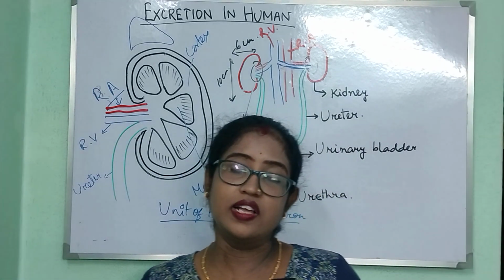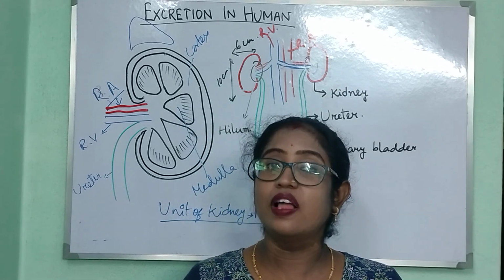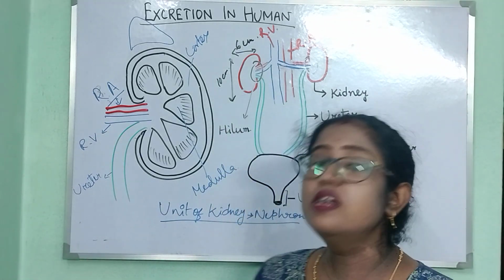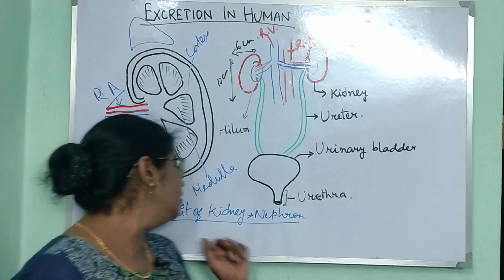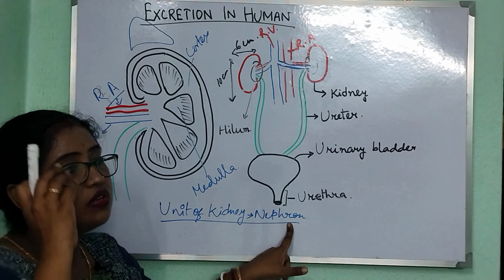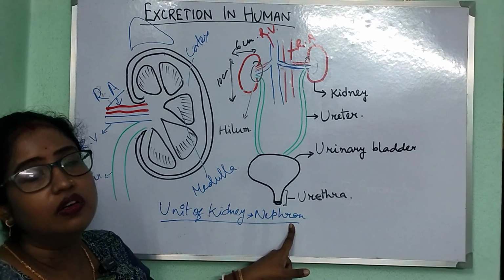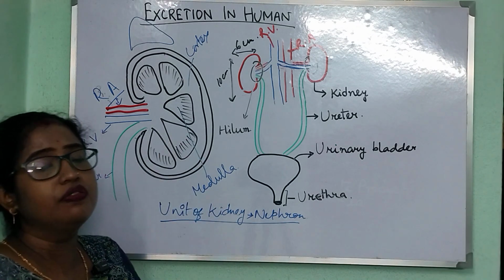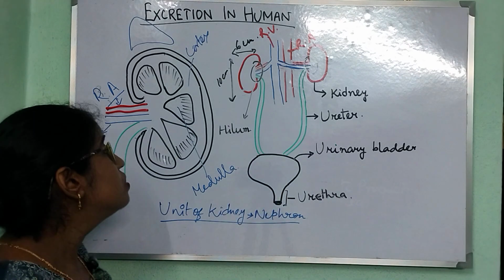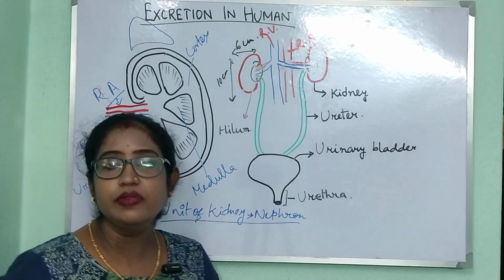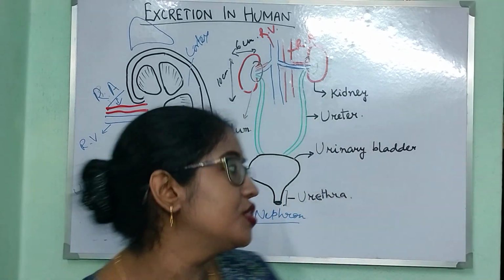As we discussed in our previous session, the unit of lung is alveolus. Similarly, the unit of our body is a cell, and the unit of kidney is nephron. Nephrons are nothing but small tube-like parts of the kidney. There are millions of nephrons in both kidneys. Nephron has some different parts, and we will discuss all these parts in detail in our next session.